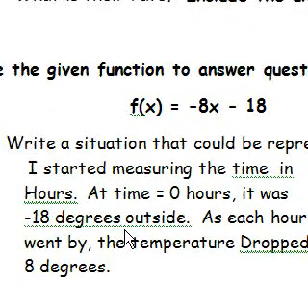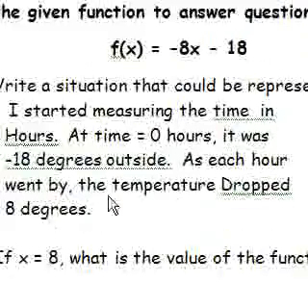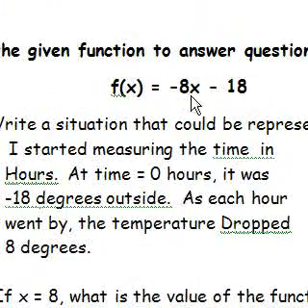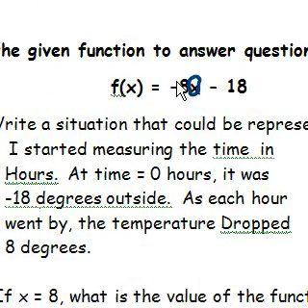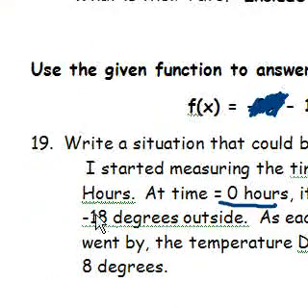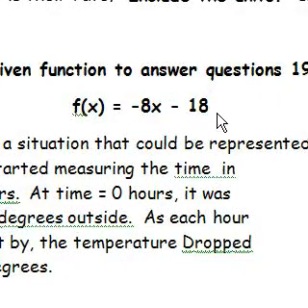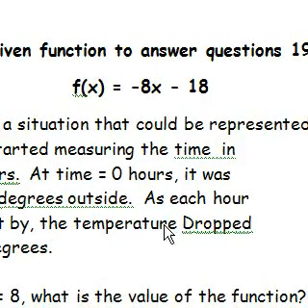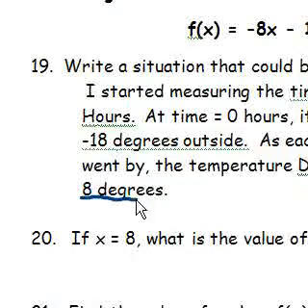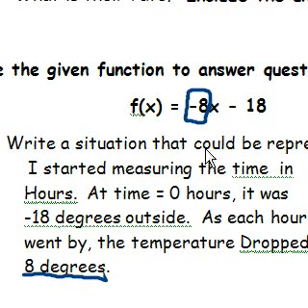And so let's see if that squares up with the situation. At time 0 hours, if I set this x equal to 0, doesn't that cancel out this whole term? So at time 0 hours, it was negative 18 degrees outside, so that's our constant. That's what we start with. And then as each hour went by, the temperature dropped 8 degrees, a negative rate because the temperature is dropping. So that drop in temperature is how I accounted in my example for this negative sign right here.